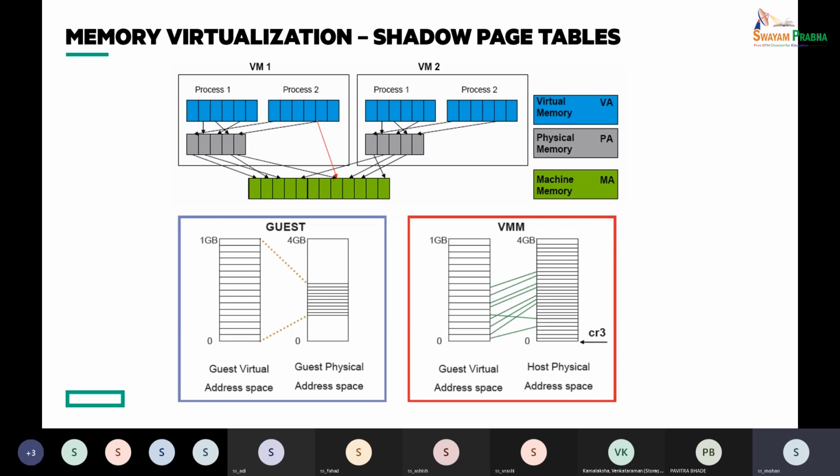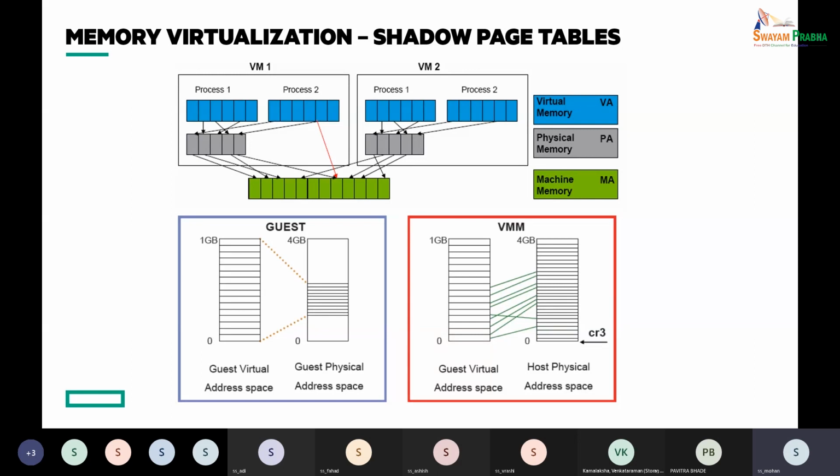But it can't really write to the processor CR3 with those page tables, because then two VMs could overlap and there could be an issue. So the VMM needs to ensure that the actual page tables are different when they're running on the actual hardware.